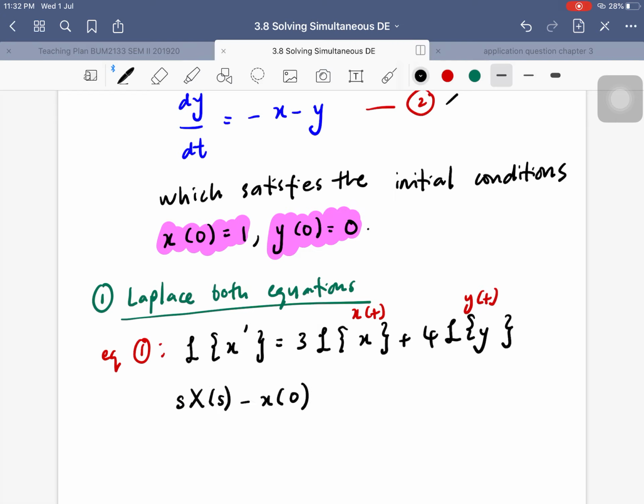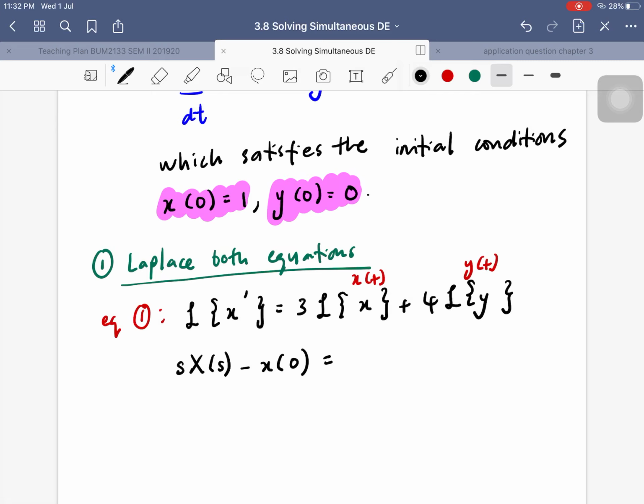And please bear in mind, let me be able to differentiate between your capital and your lowercase. That is on the left hand side because we only have one term to differentiate, and on the right hand side I'm going to have 3 Laplace x, which is capital X of s, plus 4 Laplace y, which is capital Y of s.